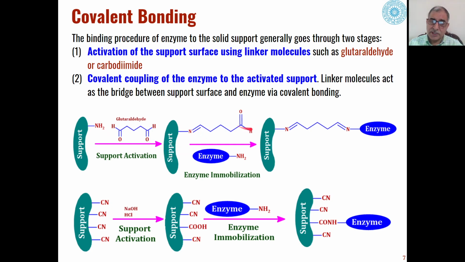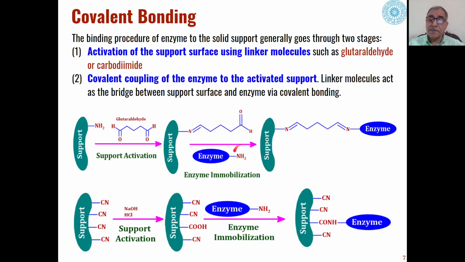So this will lead to the activation of the support. So support activation takes place on reaction with the linker molecule, and a carbon nitrogen double bonded compound is formed with the support. Then this activated support will react with the enzyme molecule.